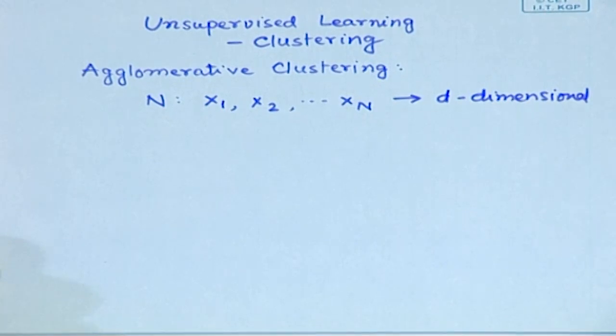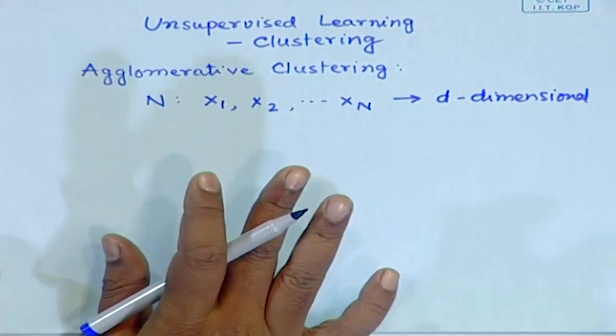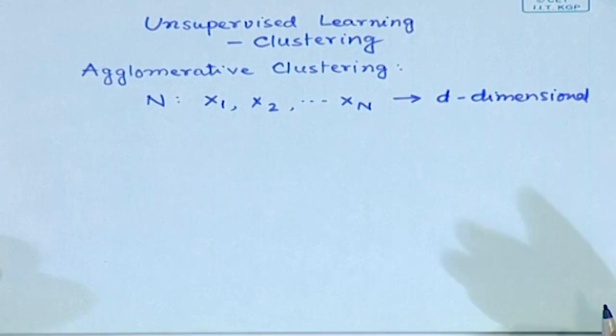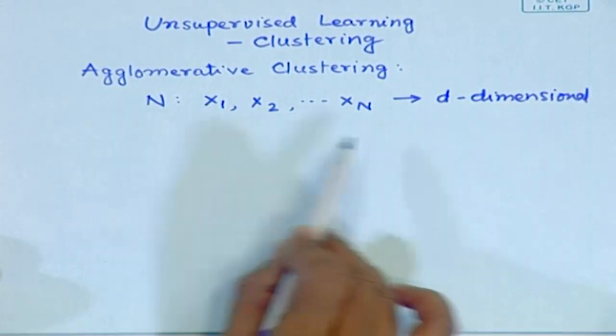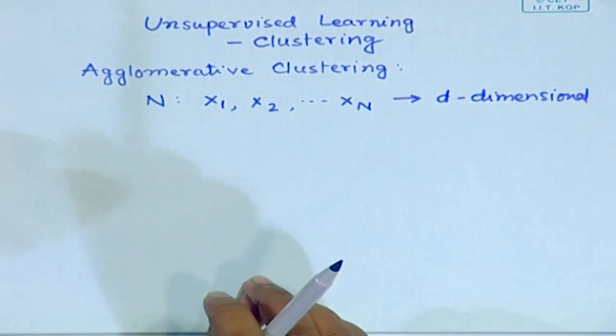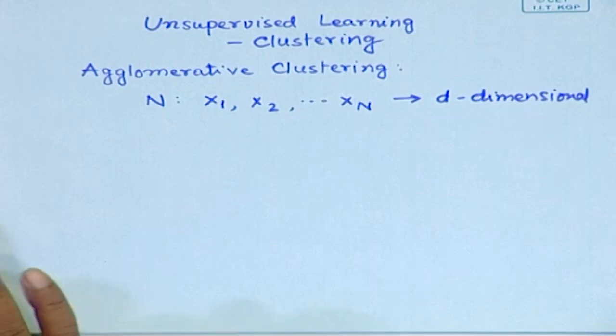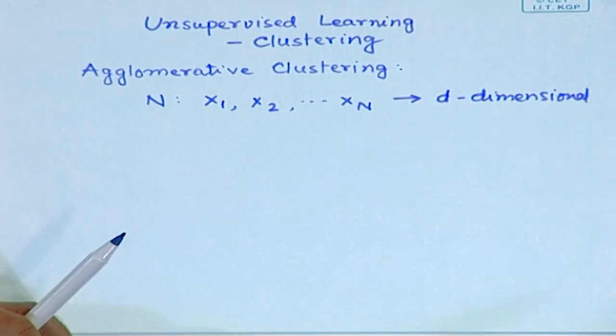So, I have n d-dimensional feature vectors. The simplest approach is, as I said, that initially I assume I have n clusters where every cluster consists of a single sample. Then hierarchically I will go on combining them.